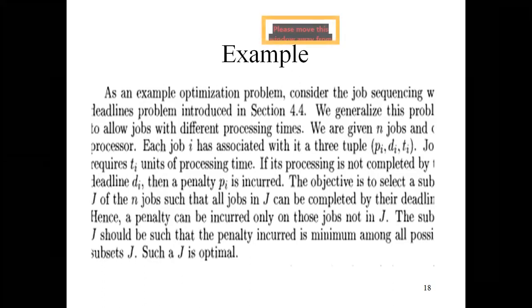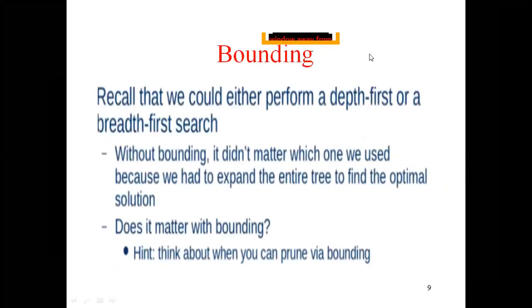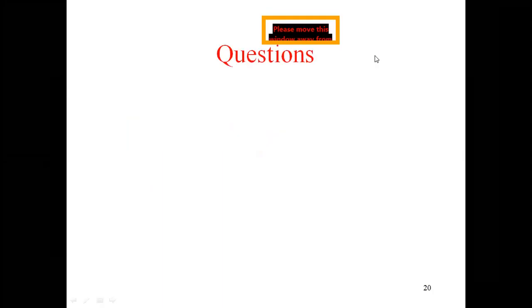This is about the bounding topic in our subject. In the branch and bound technique, bounding is done by placing a bound on the value of the solution node or answer node.